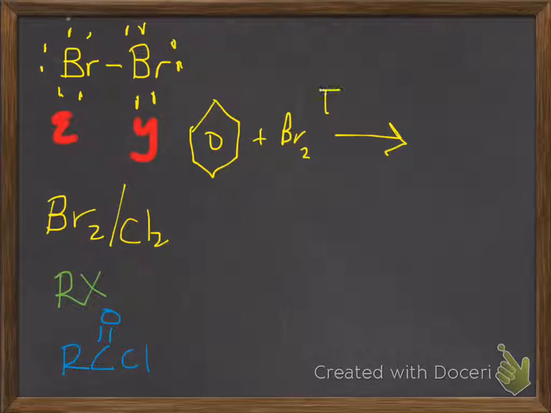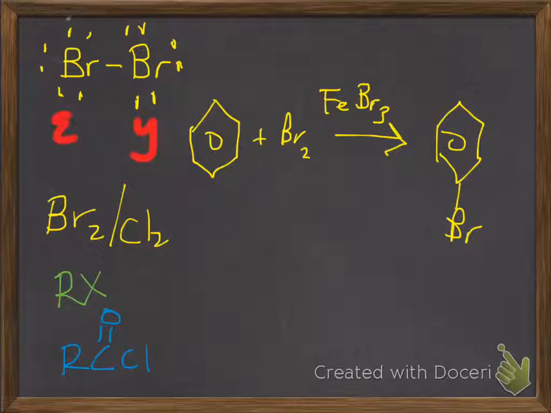The catalyst is iron 3 bromide. If you're doing chlorine, it would be iron 3 chloride. And if you do that, you're ultimately going to end up with bromobenzene or chlorobenzene.